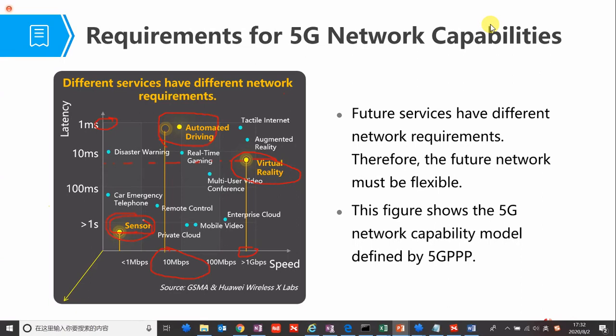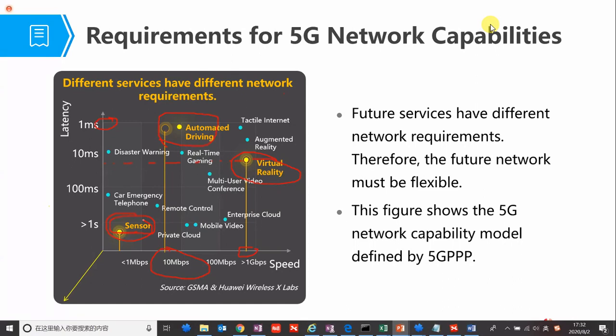So different requirements need different 5G network capabilities. This is one reason why we need slicing, and why we need NFV or SDN.